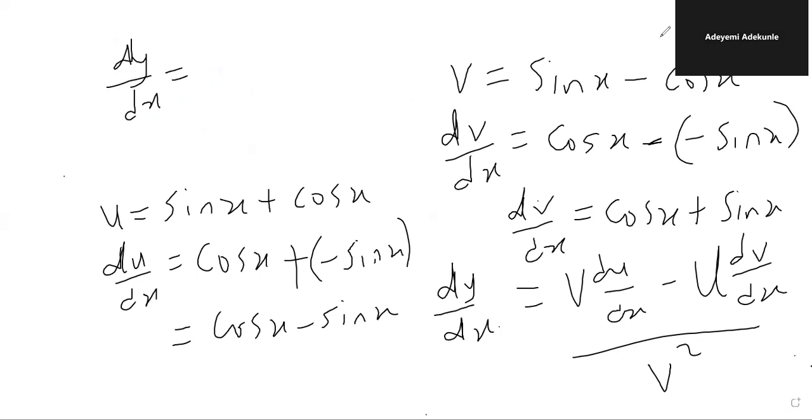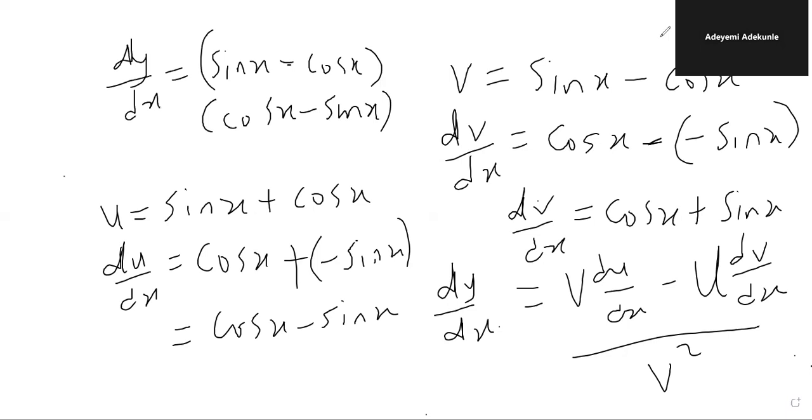What's our v? v is sine x minus cos x. It can be kind of messy in a way, but just follow me very closely. Our du dx is cos x minus sine x.